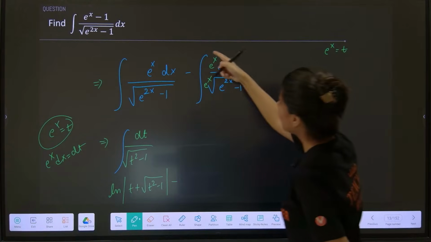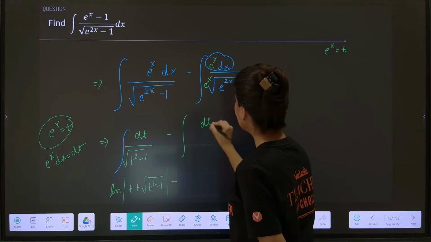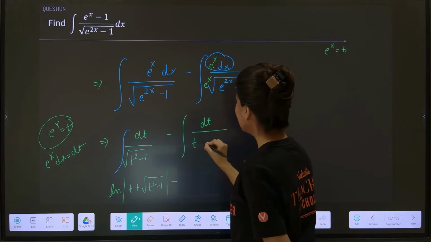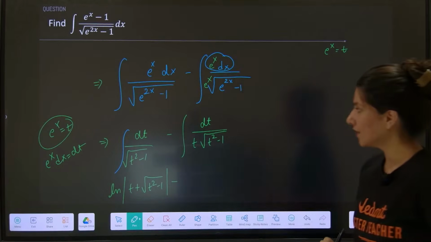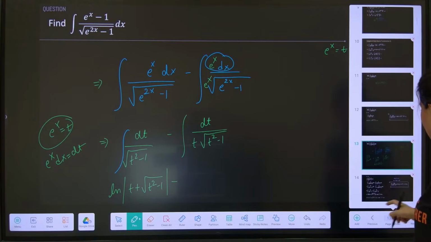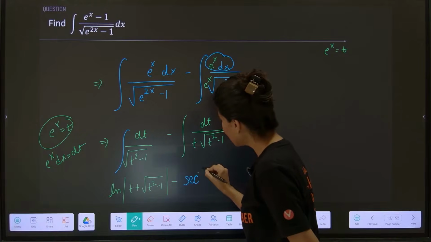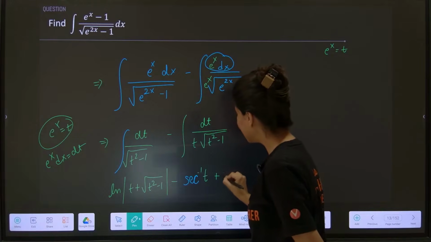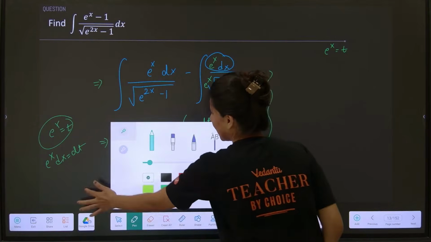So e power x dx again will become what? dt, and this is upon t square root t square minus 1. Can you see? What is this? This is sec inverse t. Sec inverse t plus c. Now just put the value of t, which is e power x, and write your answer.